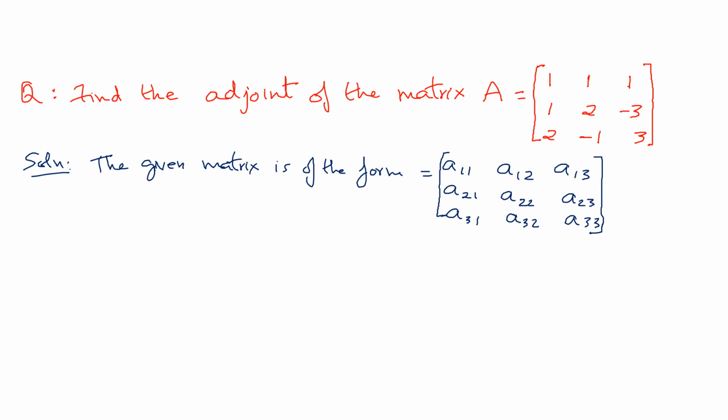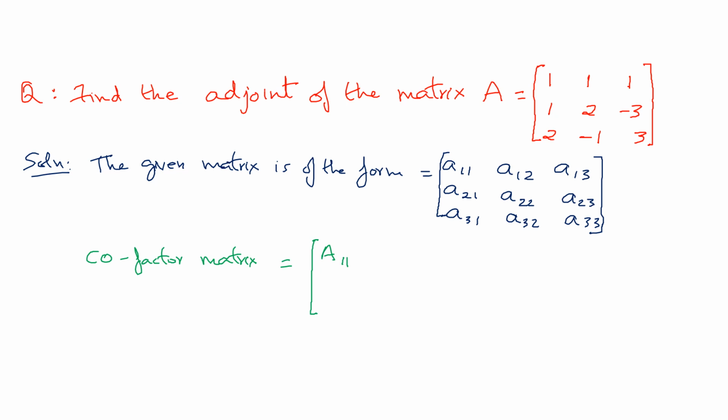Now, what would be its cofactor? Cofactor matrix. How do we write the cofactor matrix? Cofactor matrix is the same type, but here we need to use the capital symbols.